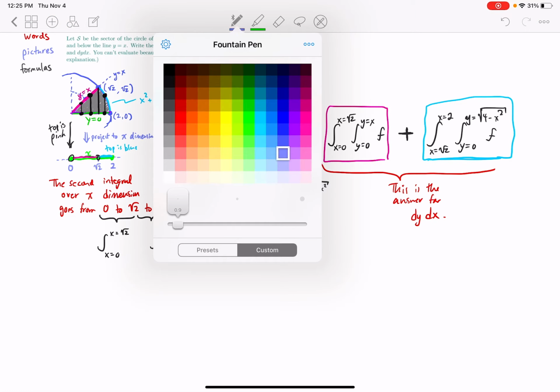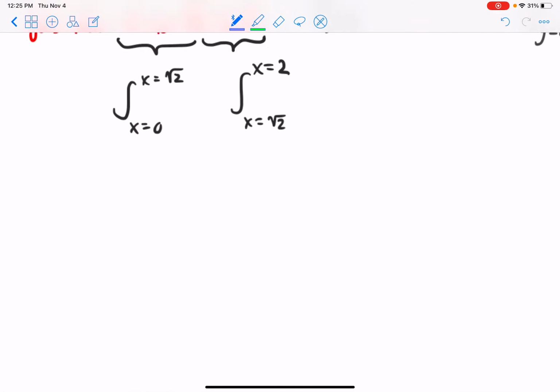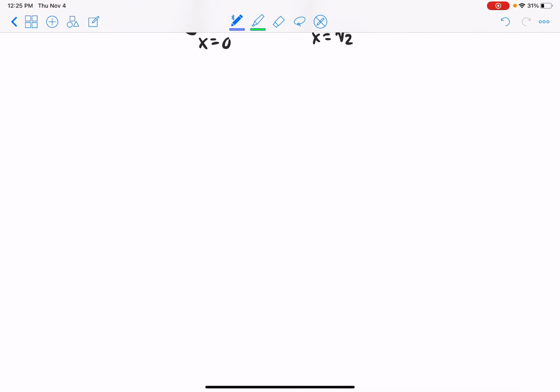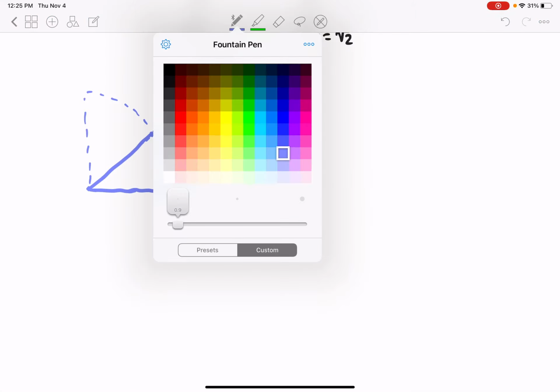So let's draw our picture again. So here's the radius 2. Here's the line y equals x. And here is our region. And if we slice it the other way, if we fix y first, then we get a horizontal slice.